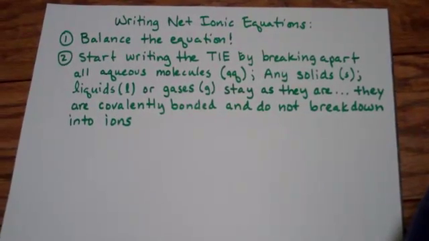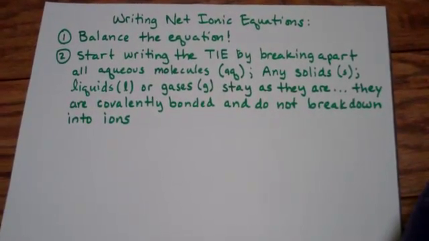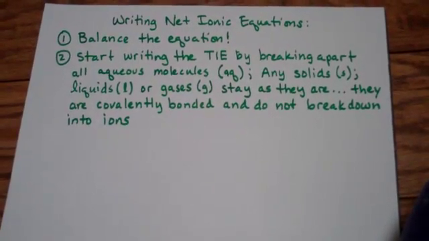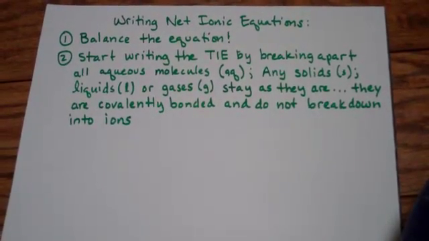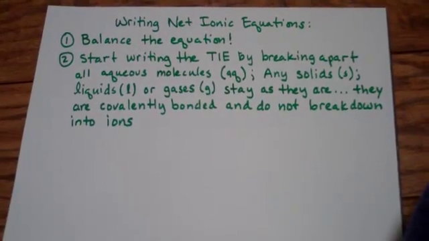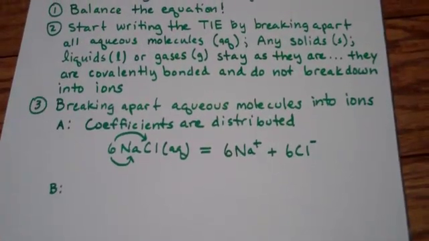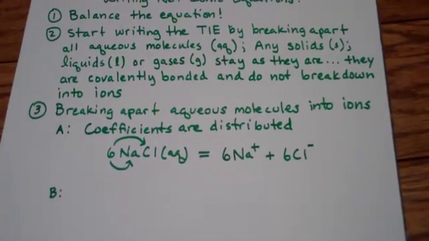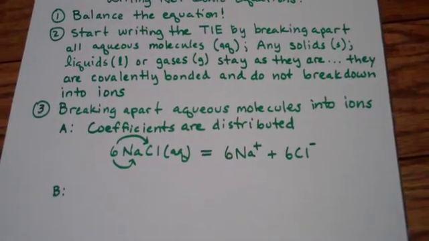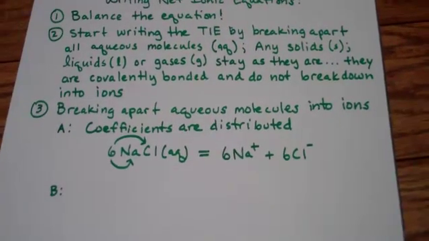Next, when you're writing out and breaking apart your ions, remember your rules. Coefficients have to be distributed and subscripts have to be moved to the coefficient position. So when you're breaking apart your aqueous molecules into their ions, the coefficients need to be distributed.